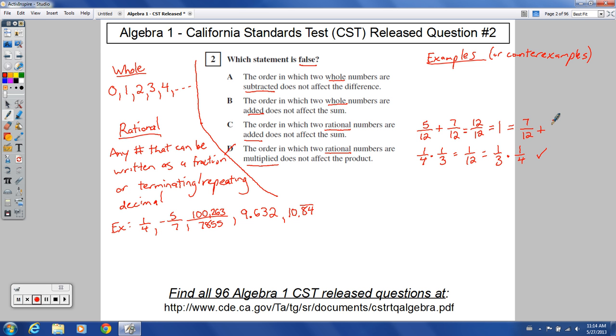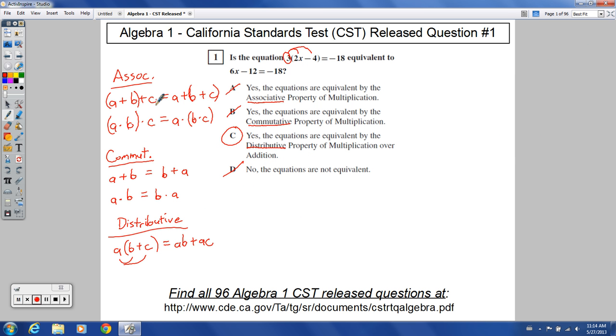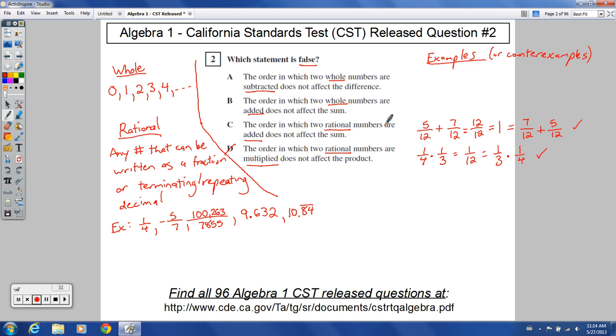Well, yes, that's the commutative property of addition instead of multiplication. It says I can switch the order with any real numbers. A real number is even more inclusive than rational. All rational numbers are real numbers. These are properties that work for any real numbers A, B, and C. So choice C is not the correct choice. That is true. So it was not D.